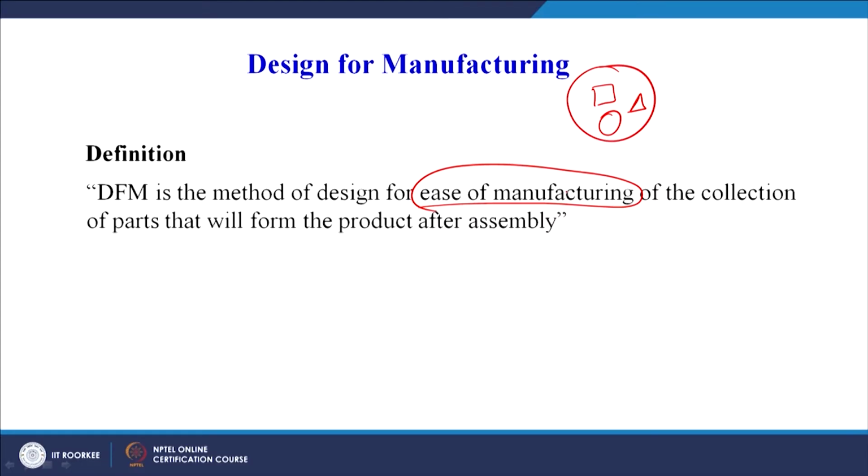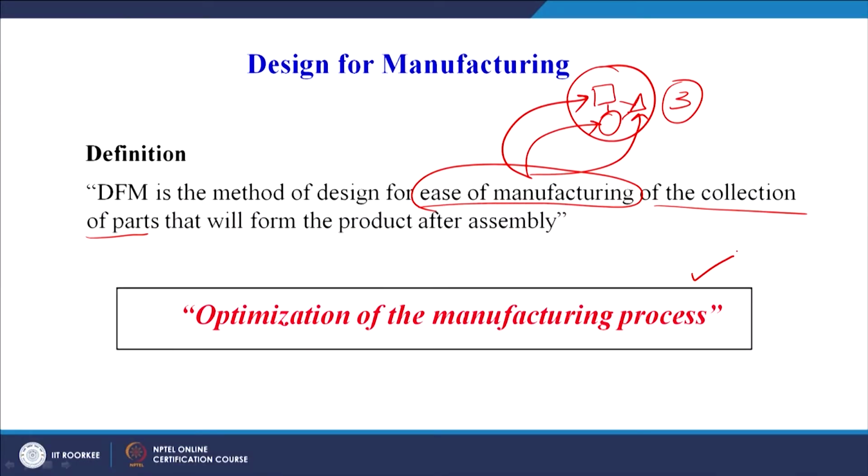So we have to ensure the ease of manufacturing of each of these parts, the ease of manufacturing of the collection of parts. Ease of manufacturing means that all these 3 parts are manufactured easily, and then they will be assembled together to make the final product.